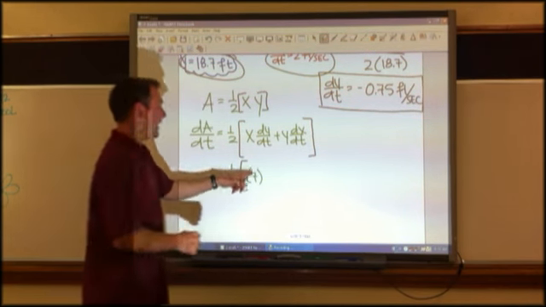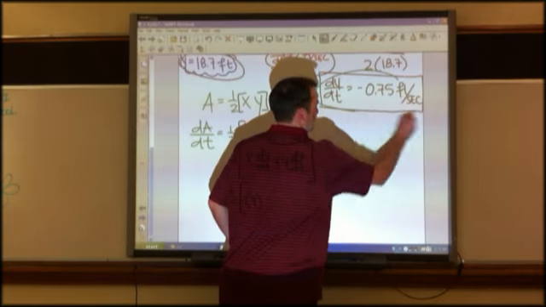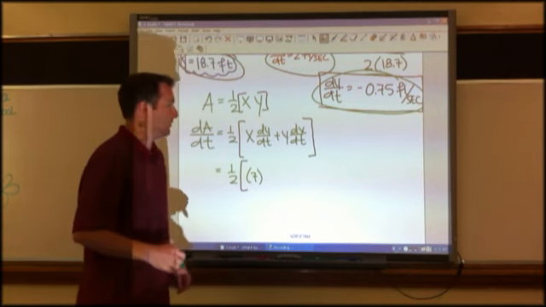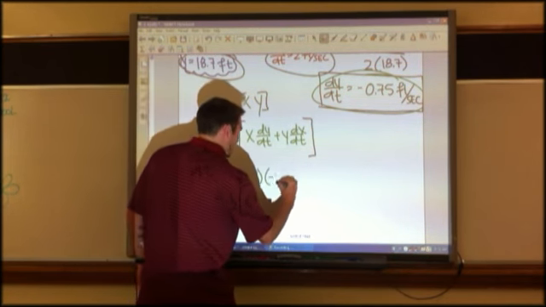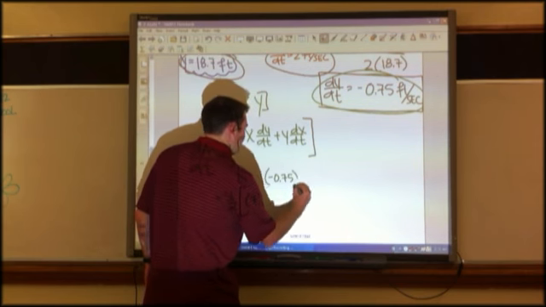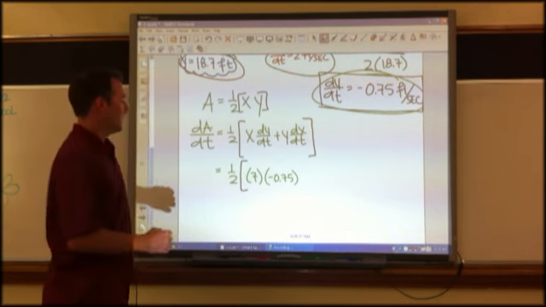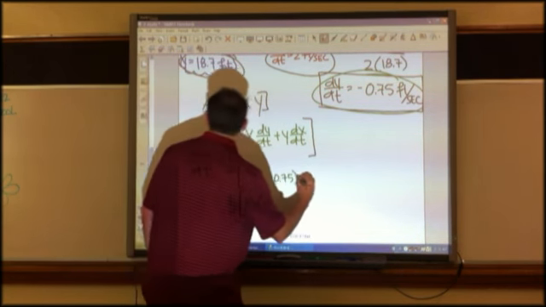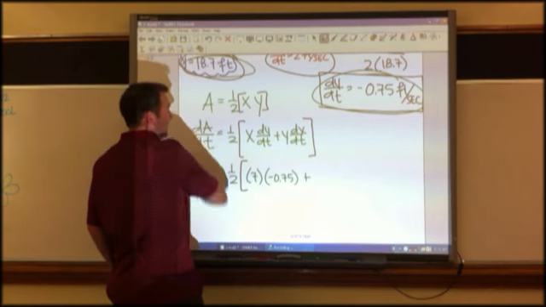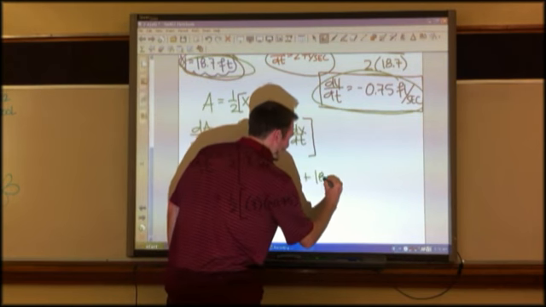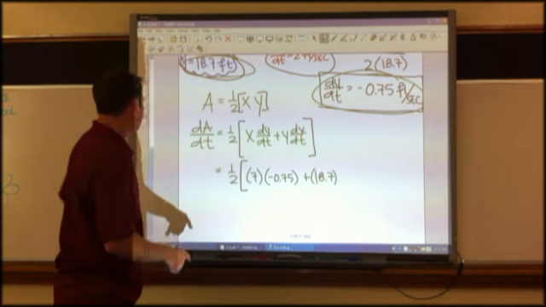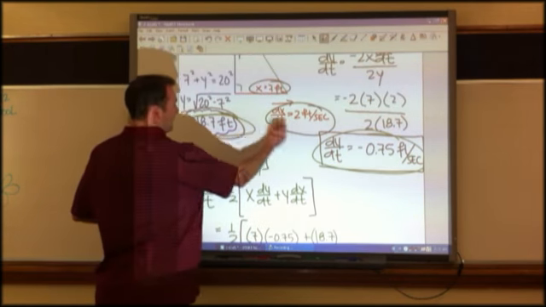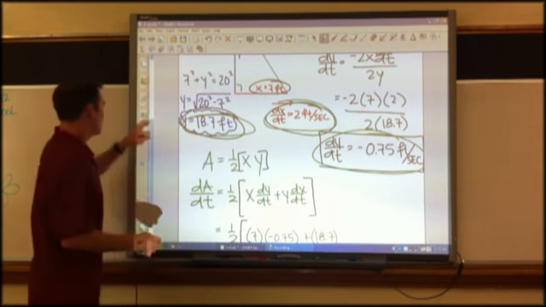I actually know dy/dt too, because I just found it a few minutes ago, so I've got negative 0.75 I can put in there. And then I've got plus y, which we found up here, 18.7, multiplied by dx/dt, which was given early on, 2 feet per second.